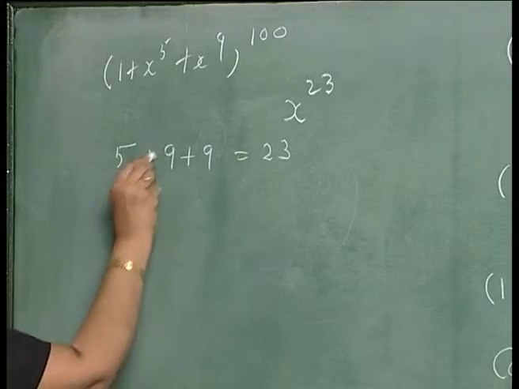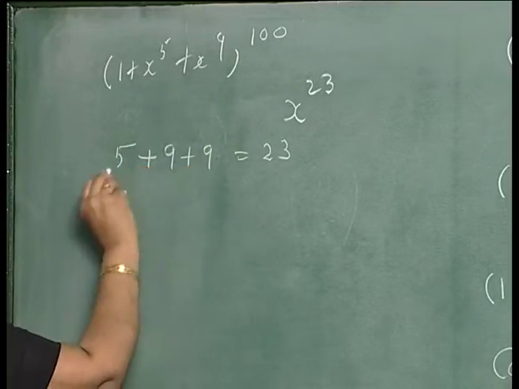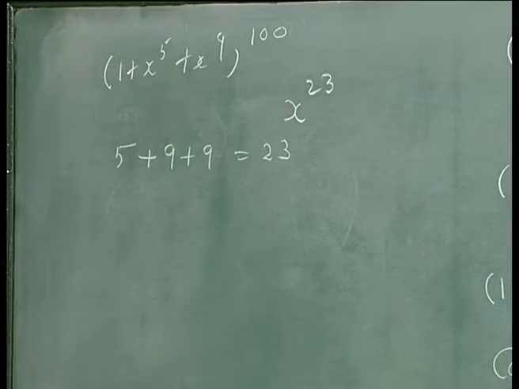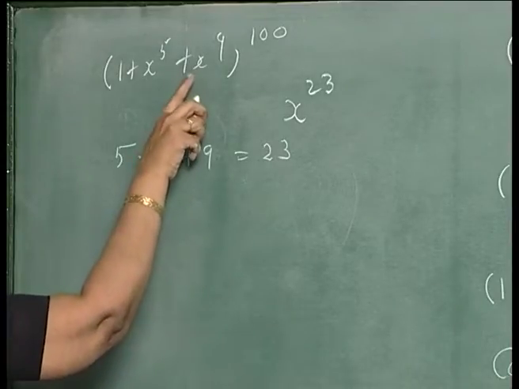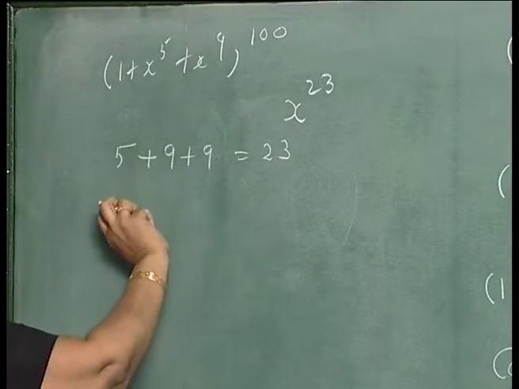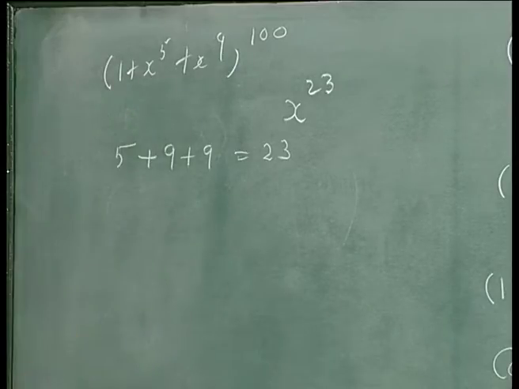So there is only one way of splitting 23 into 5s and 9s, and that can be done only in one way. So if you have 100 factors like this, out of the 100 factors, you have to select x power 9 from 2 factors and x power 5 from 1 factor. Then only you will get x power 23.